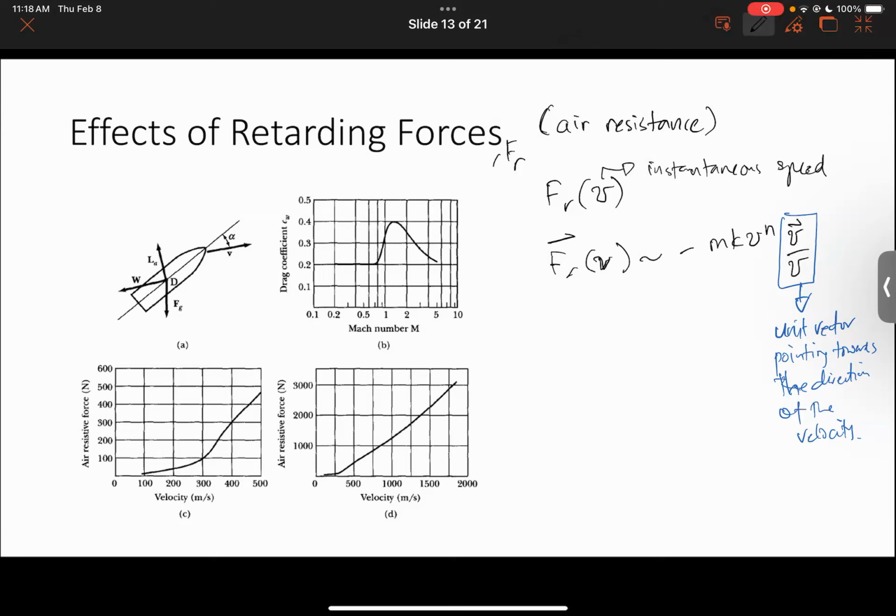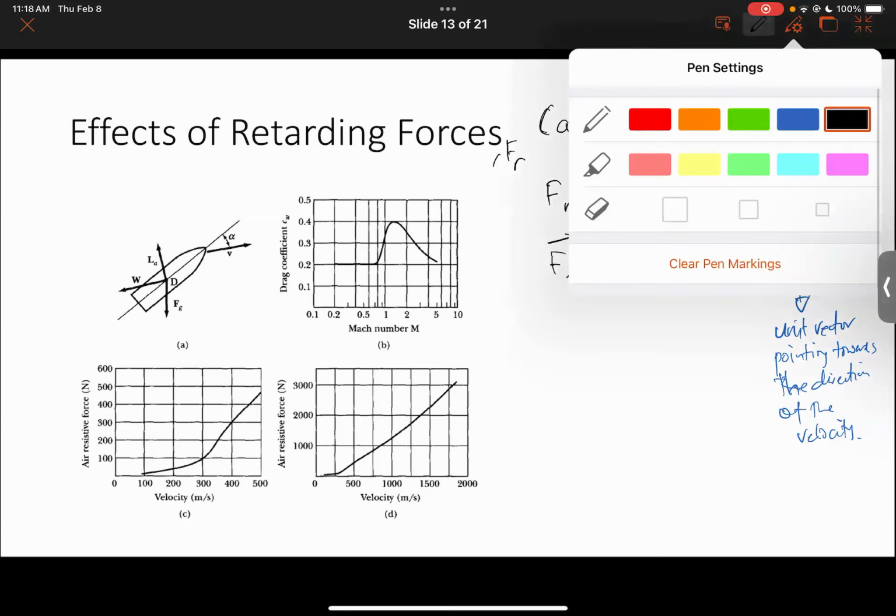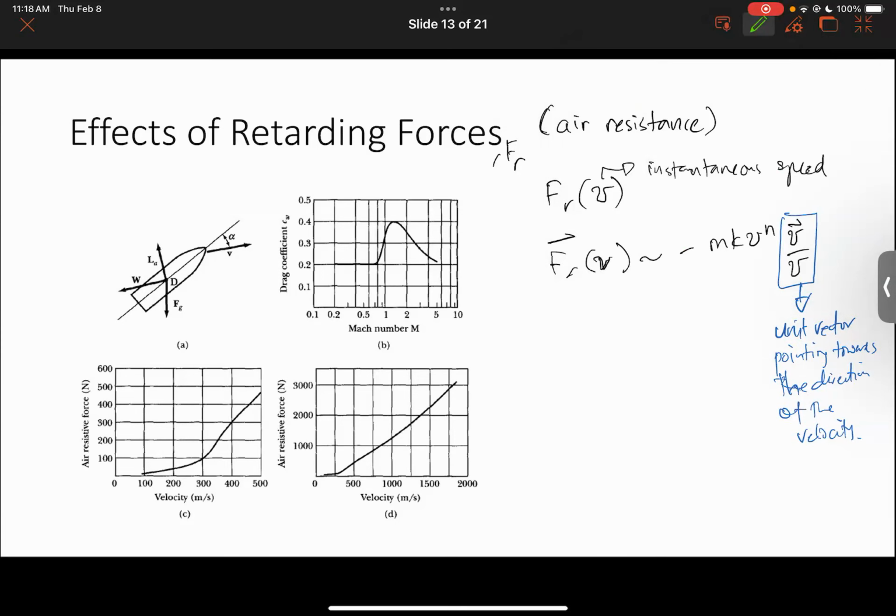And then of course, meron din tayong quantity that actually relates to the velocity. Okay, dito. Yung quantity na yan is velocity to the n, speed to the n. Okay, so makikita ninyo, by the way, yung n na yan is just a number that will depend on the speed. So for example, n is equal to 1 if the speed is between 0 and ano bang ginamit dito? 24 meters per second. So about 24 meters per second.